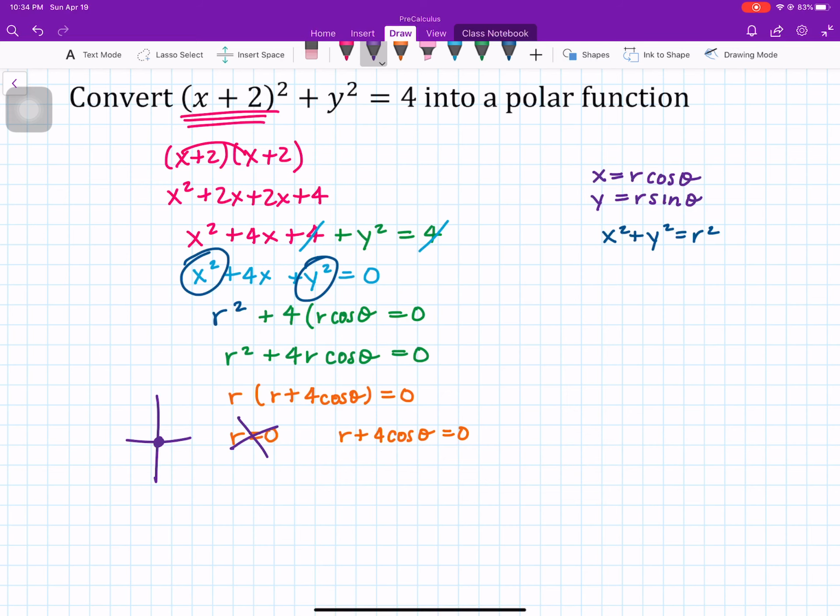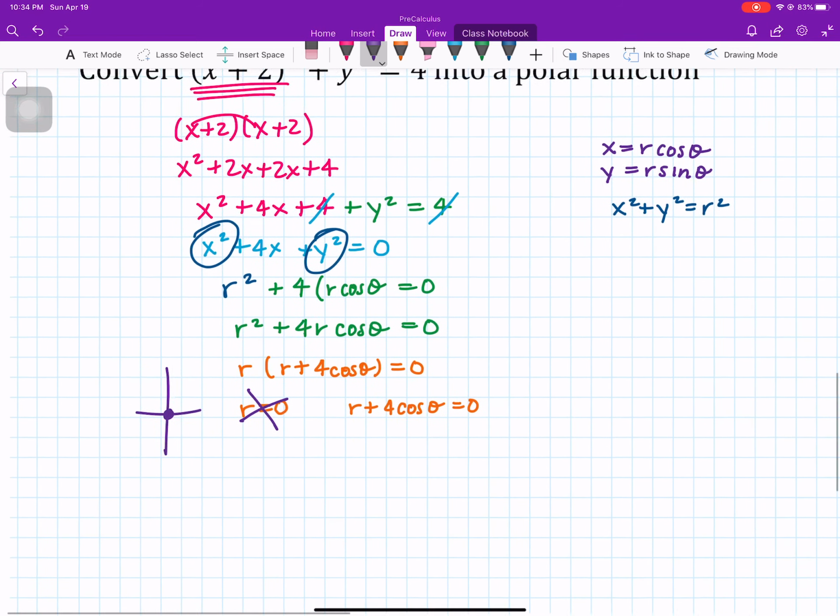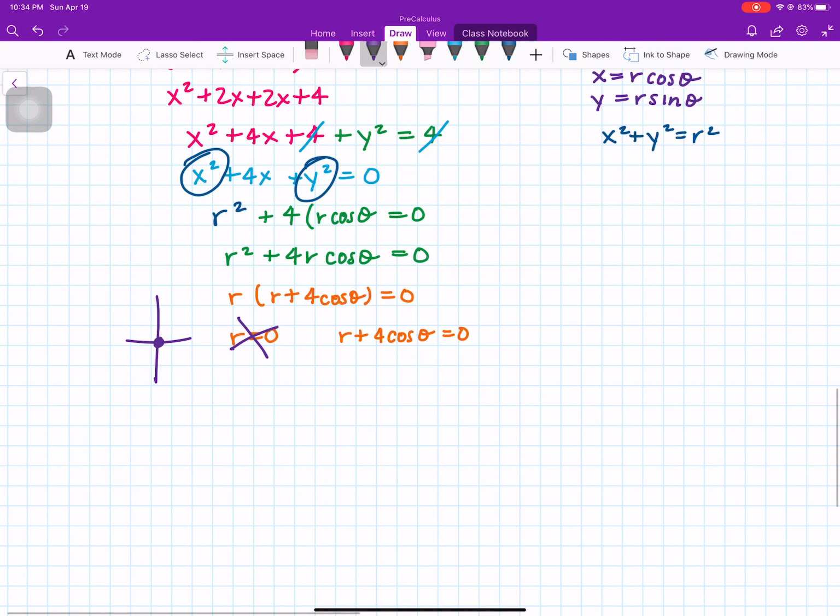So we don't really think about that as an equation. I mean, it is an equation, but that's not really what we're going for here. We're going for a slightly more complicated equation like this one. You can isolate the r and get negative 4 cosine theta. And that's your answer.